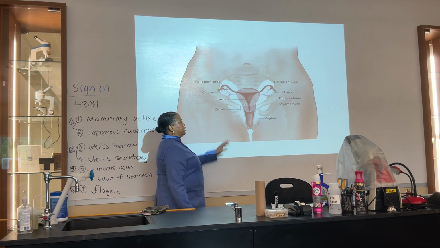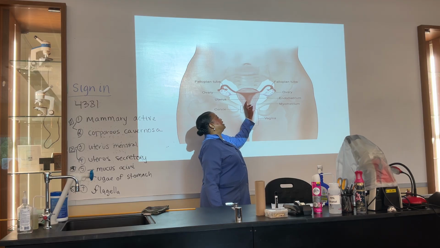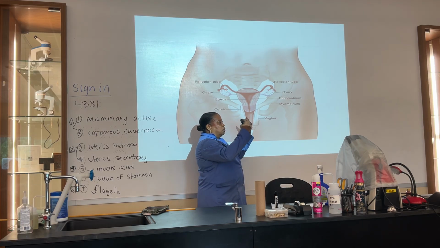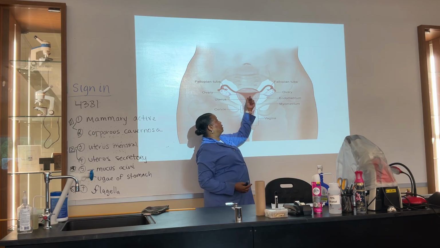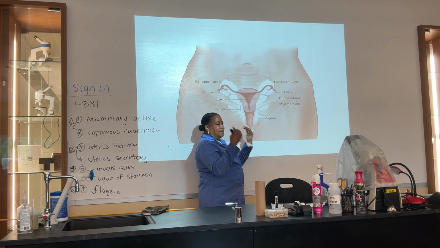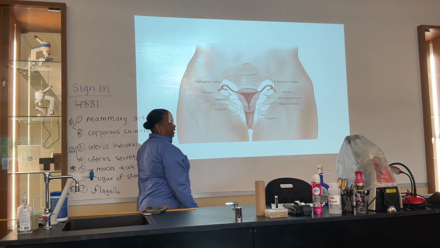So that endometrium, the functional layer, the arteries are going to get longer, and the glands are going to start making secretions. So now you have a thick, rich endometrium, hoping that this next egg is going to get fertilized and it'll be ready to support it, and it can grow.